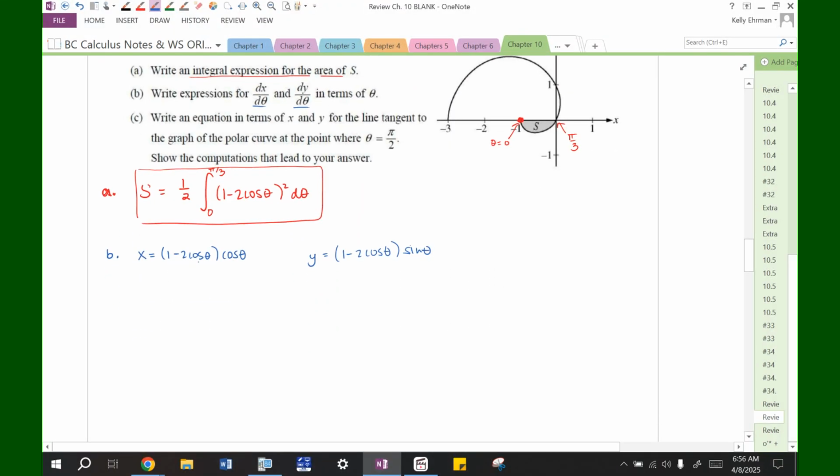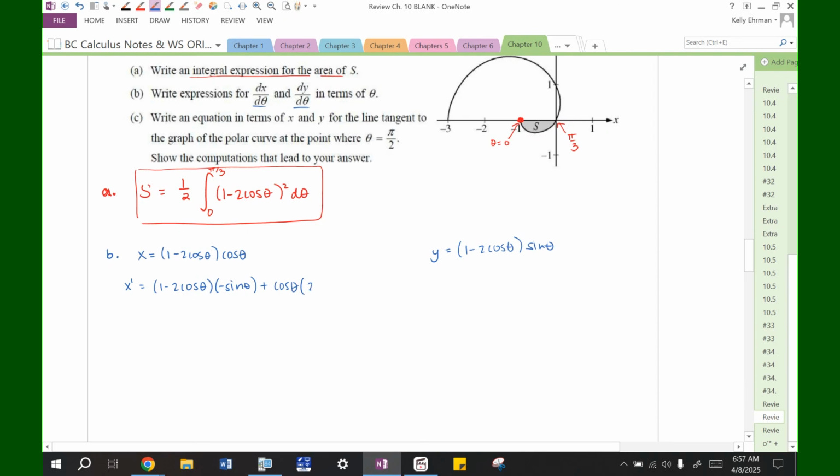And if I want to find the derivative, I think I'm going to leave them like this and just do product rule right now. So x prime would be first times derivative of the second, plus second times derivative of the first.